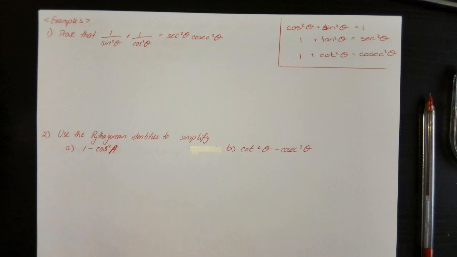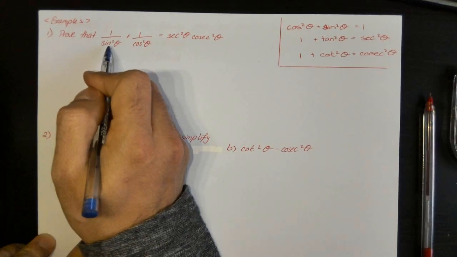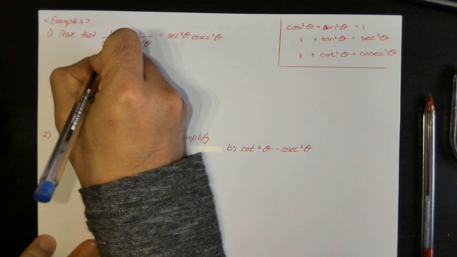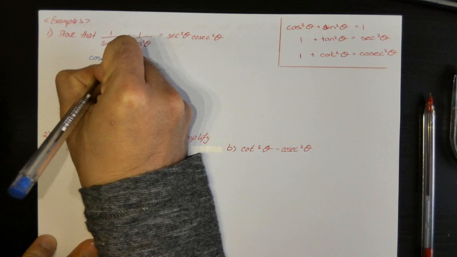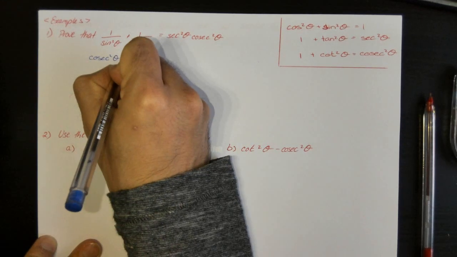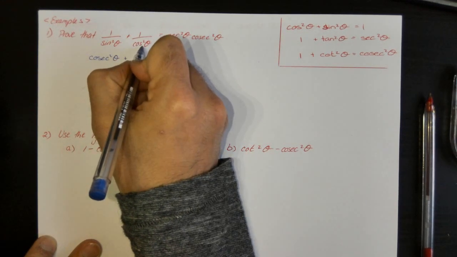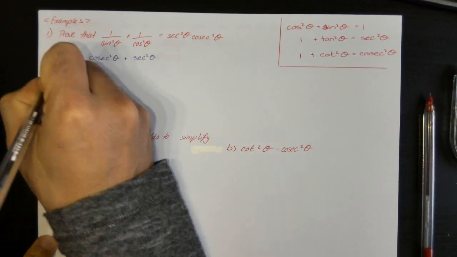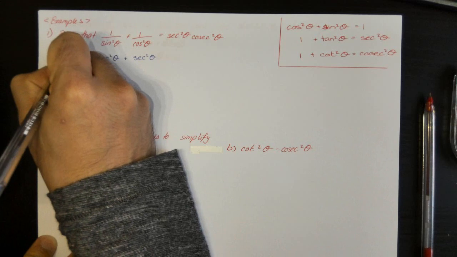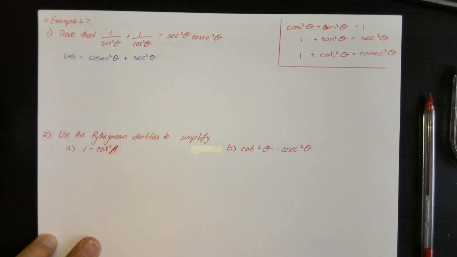So the reciprocal of sine squared theta is cosec squared theta, and the reciprocal of cos is sec. So the left-hand side equals that.